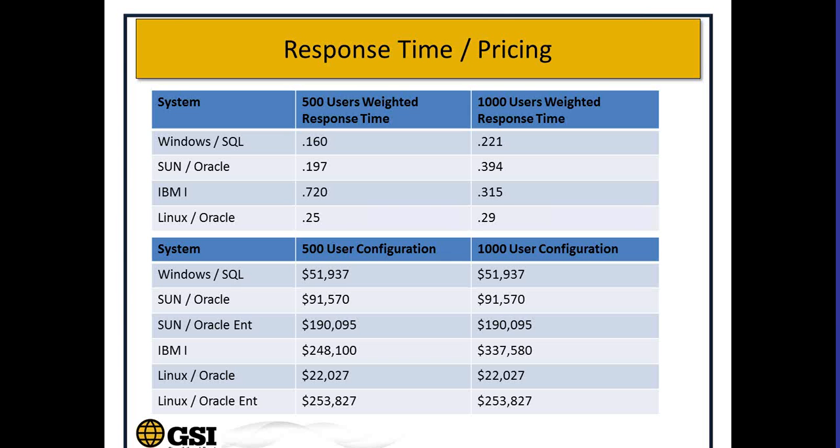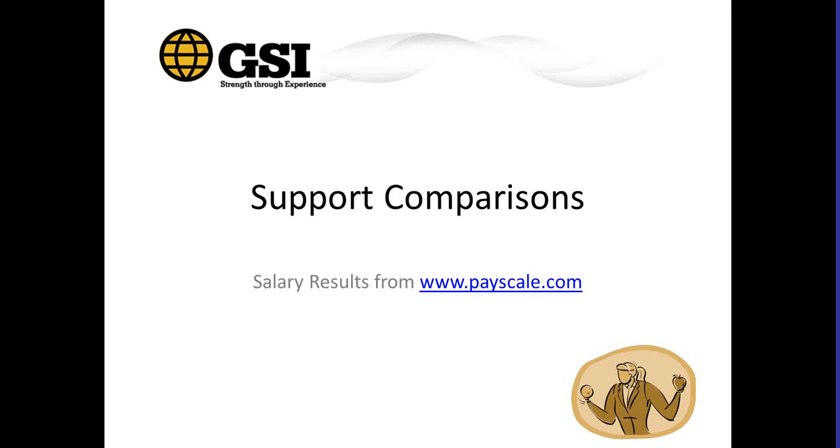I'm not suggesting that this is every single thing you need to consider when pricing out your system and determining which is the best architecture, but it obviously gives you some ammunition for suggesting, hey, look, I've seen these tests, I've seen these architectures, some of them cost less than other ones, but they still have the same or similar response times utilizing the same exact test. So does that tell you something in terms of which is the best platform? It may or may not, and there are some other things to consider, and we're going to get into those next.